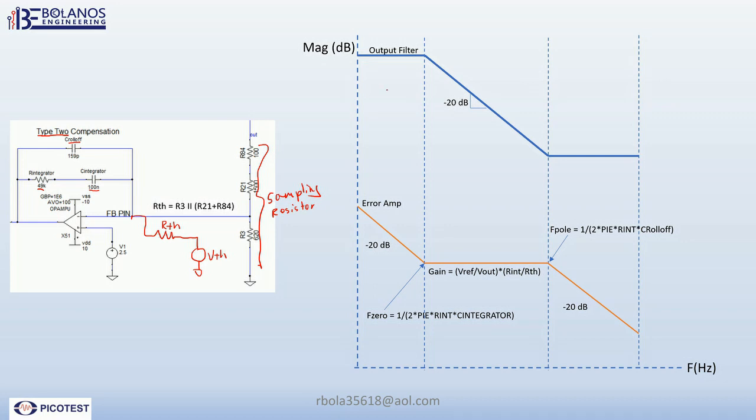Okay, so here we have, right here in red, the transfer function of the error amp circuit. And if you notice, at low frequency you have high gain.